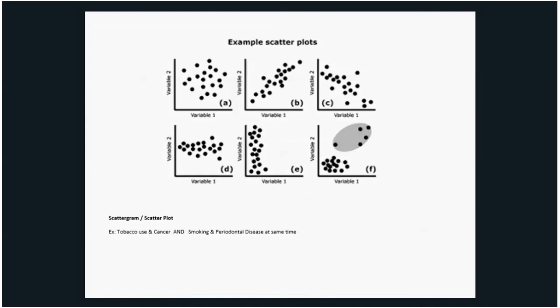Do they group to the left? What's the relationship? If you were to try to explain this with words, it would be very confusing for whoever you were presenting to, whereas you can use a simple scatter plot. And it's very easy then for your reader or whoever's in your presentation to get an idea of what you're talking about.